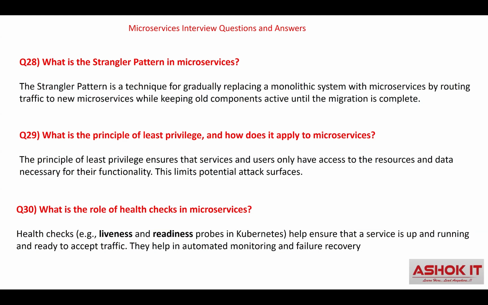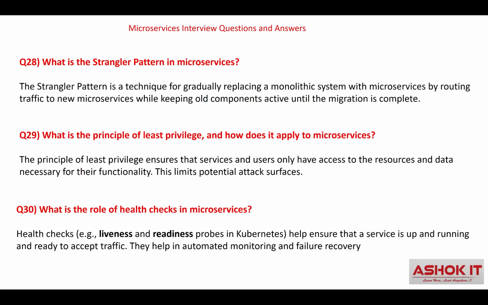Also, what is the principle of least privilege and how does it apply in a microservice? Least privilege ensures that services, microservices and users have minimal access to resources and data. We achieve fine-grained authentication and fine-grained authorization by dividing roles, with a specific access level for each specific role, so that we achieve least privilege.